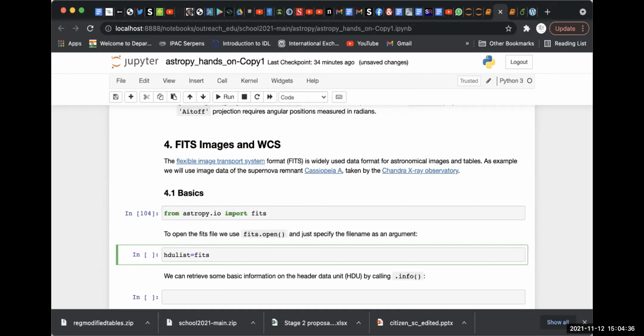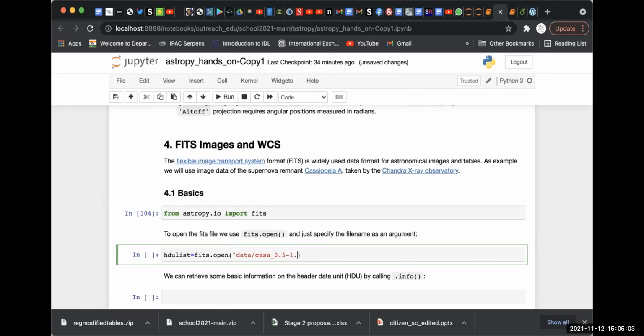So if there's an HDU list, you do FITS open and the file is sitting inside. I've given you all the set of files. There's a folder called data, and in data there is a file with a long name, CASA underscore 0.5.